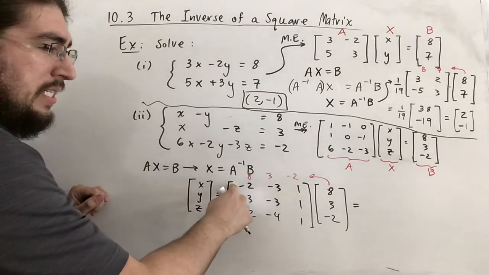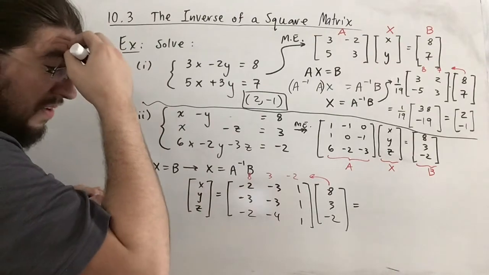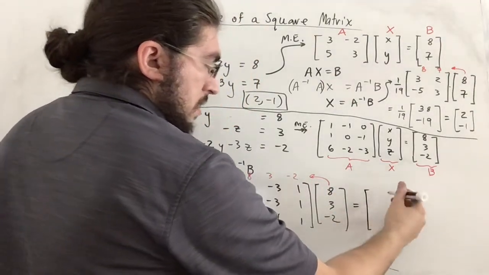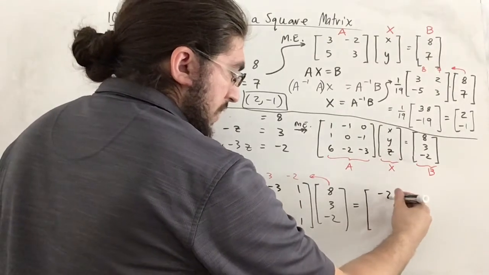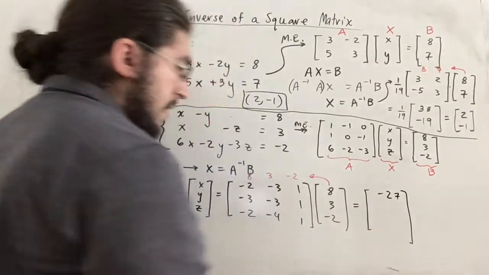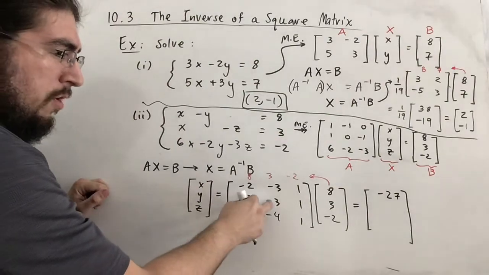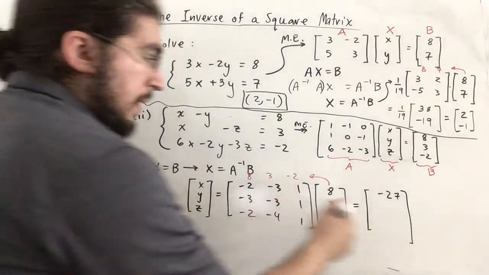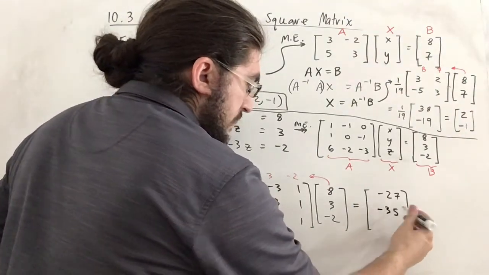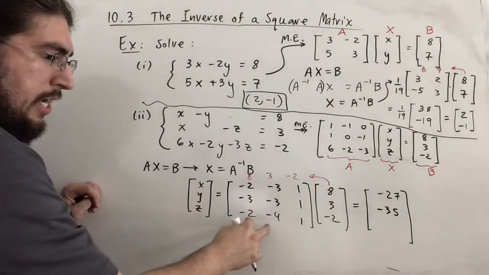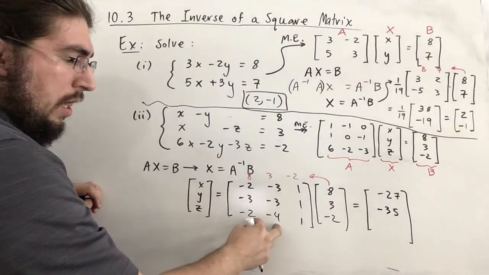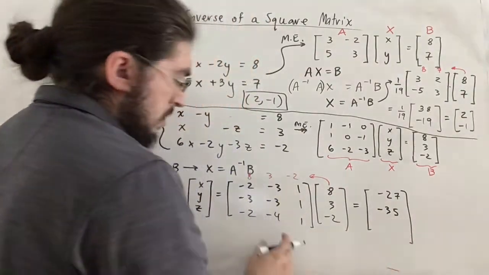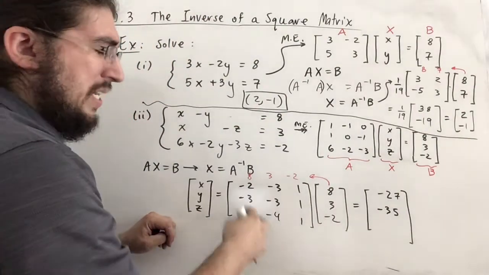And we get -16 minus 9, so that's -25 minus 2, that's -27. Okay, so it's a -27. For Y, we'll get -24 minus 9. -24 minus 9 is -33, minus 2 is -35. Great. And then here we're going to get -16 minus 12. Let me say that again. -16 minus 12 is -28.